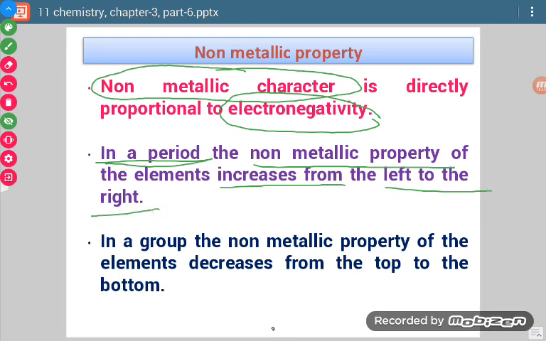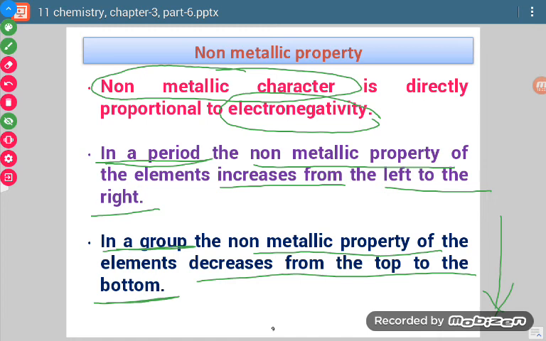In a group, non-metallic property decreases from top to bottom. Moving in a group means we are moving like this, so non-metallic property decreases from top to bottom.